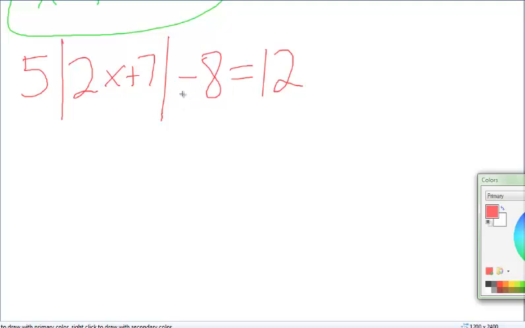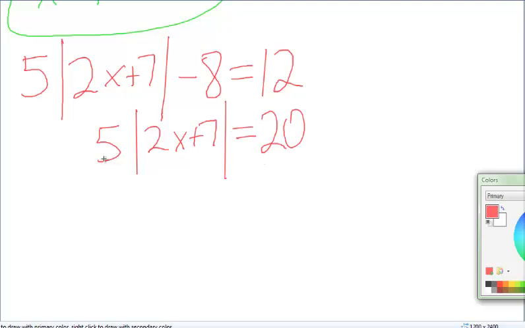So first we deal with the minus by adding 8 to the other side. And we have 5 times absolute value 2x plus 7 equals 20. And then we're going to divide by 5. We want to get absolute value by itself. The opposite of multiplication is division. So absolute value 2x plus 7 equals 4.